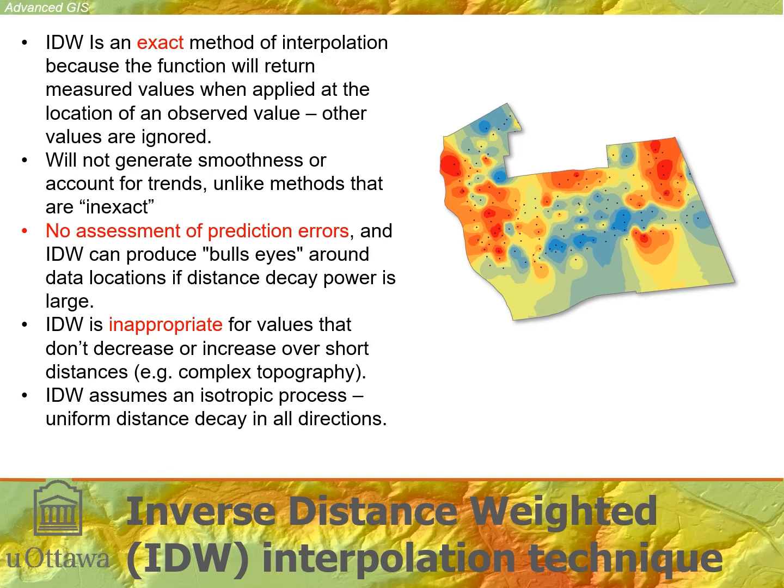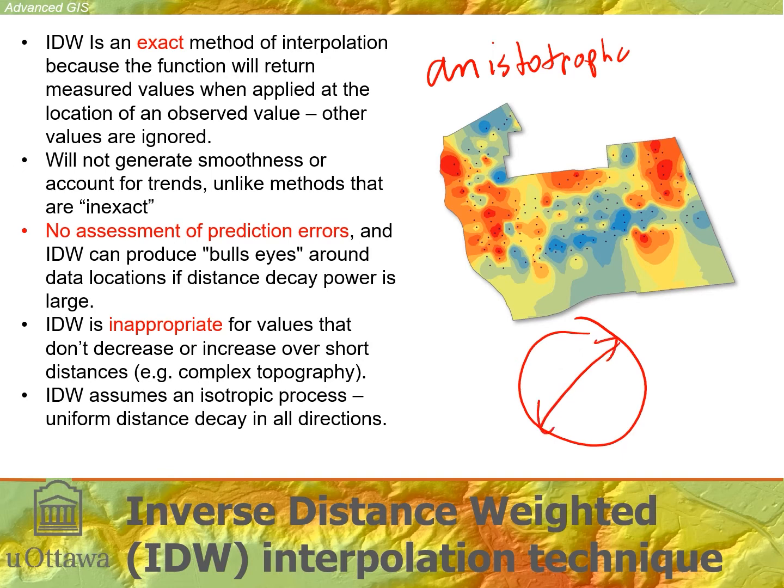Whereas an anisotropic process, on the other hand, is one in which you can have variable distance decay functions according to the direction from the location to be estimated. So let's say northeast southwest might be inverse distance, but southwest northeast, here, let me draw it here.